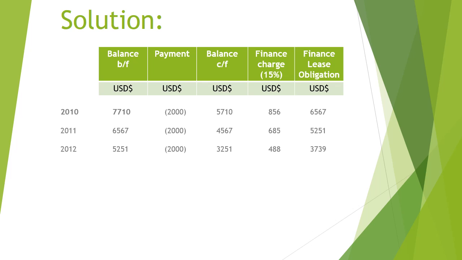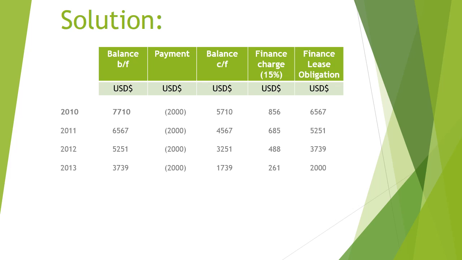Now in 2012, we make our usual payment of 2,000 to reduce the balance brought forward of 5,251 to 3,251. A 15% finance charge on it arrives at 488. To make our balance 3,739. That is after we add 488 to 3,251.